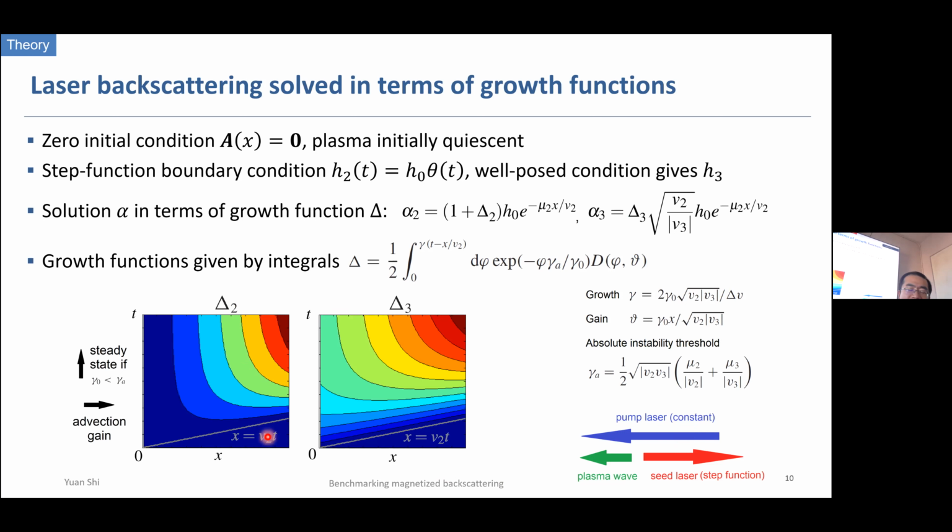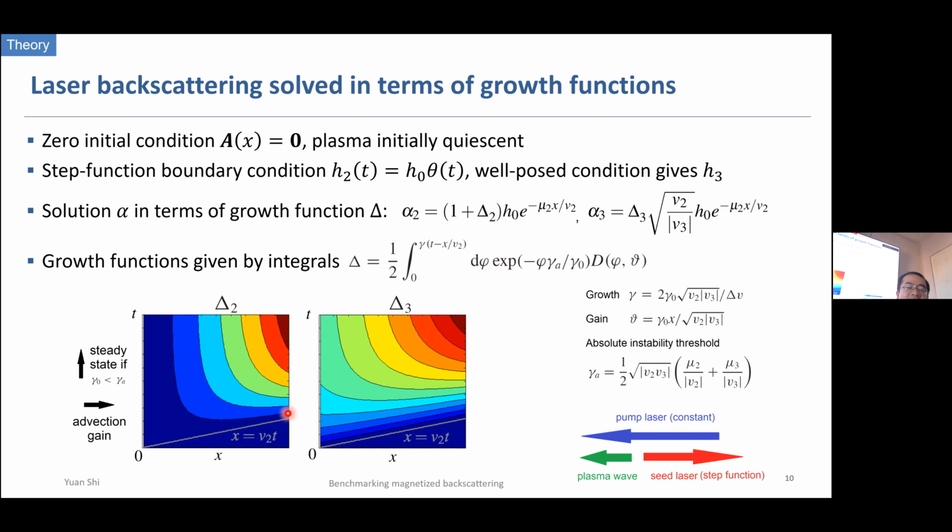Here V2 is the group velocity of the laser, which is approximately the speed of light. It's slightly slower because you're in a magnetized plasma. But if you watch how the laser grows, the laser front doesn't grow, because the laser front always encounters fresh plasma. There's no resonance in there, so the front doesn't grow.